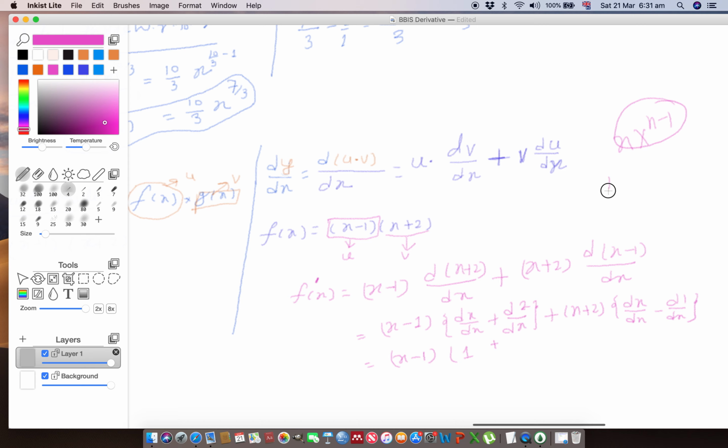Here is another rule: the derivative of a constant over dx is always 0. Constant means any number, natural number, whole number, whatever, any number. So this is 0 plus x plus 2, then what we have is 1 minus 0. So the final answer is x minus 1 plus x plus 2. This is our final answer, or you can simplify it.